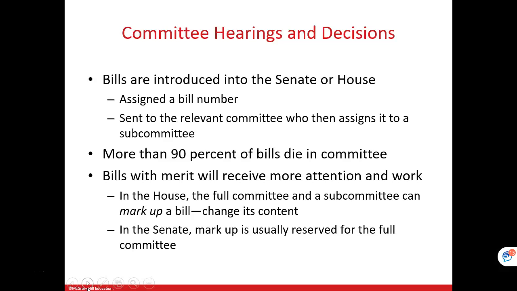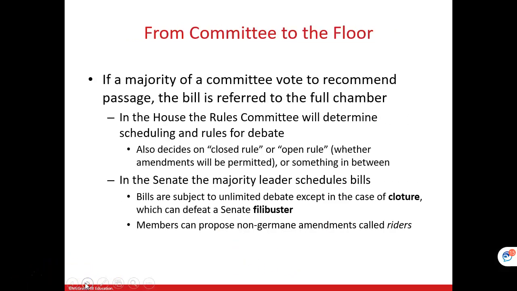If they decide that they are going to do something with it, one of the things that they can do is revise it. They can change wording. They can change amounts. They can change dates. And that is called marking up. It's part of committee action. Then they have a vote. The majority decides whether or not the bill will be passed.